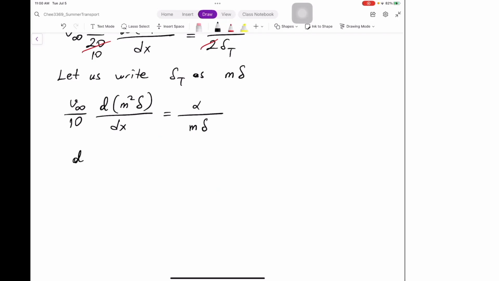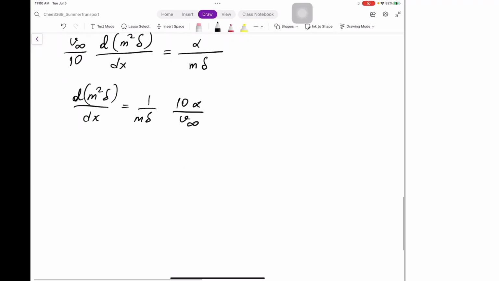Okay, let's take this m squared delta over dx is equal to 1 over m delta 10 alpha over V infinity. And then let's take the derivative of this left-hand side.